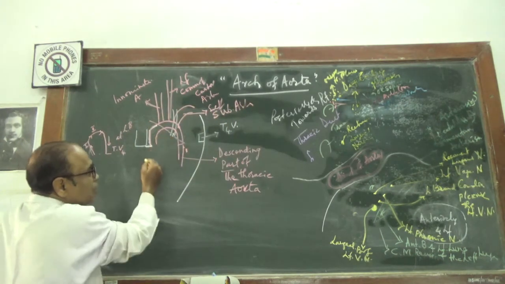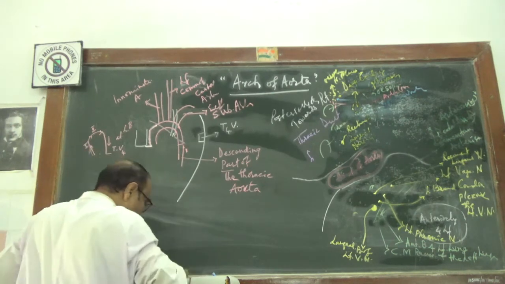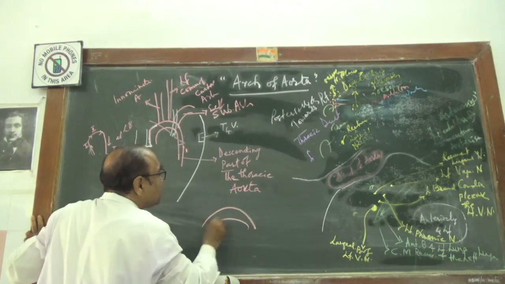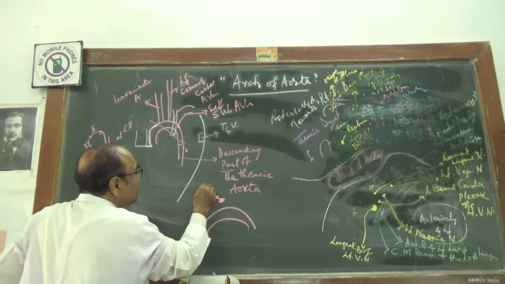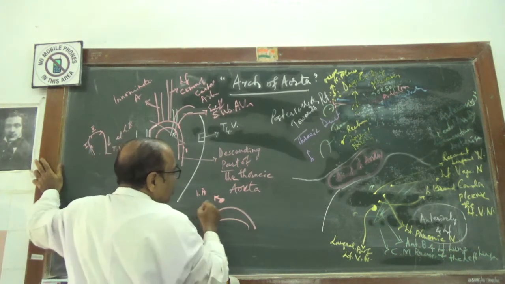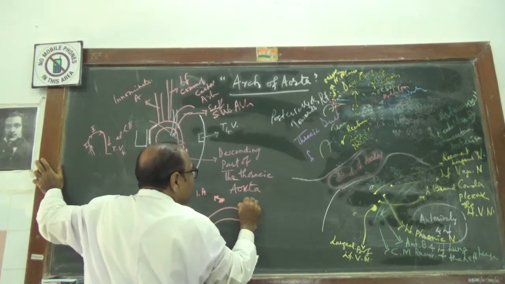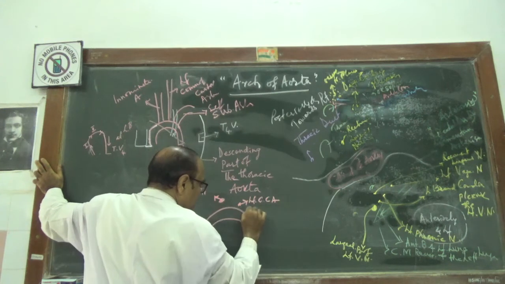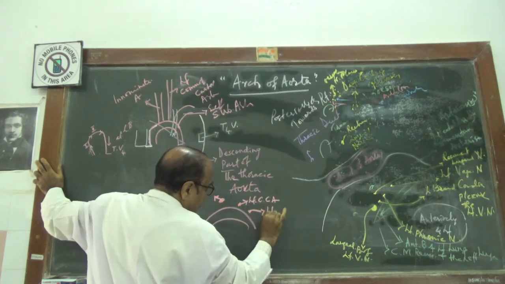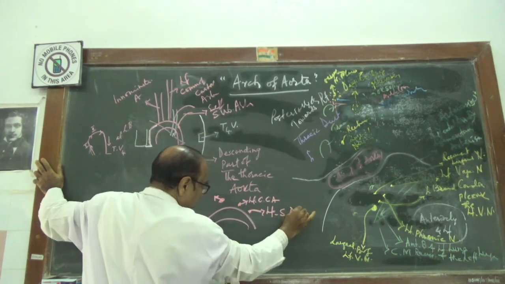Now what will you get? Above you will have these: the innominate artery, the left common carotid artery, and the left subclavian artery.